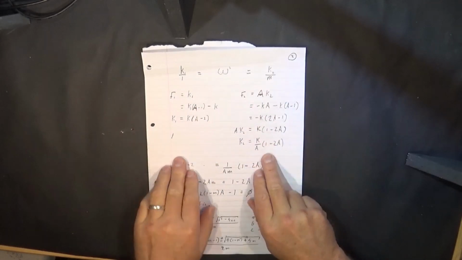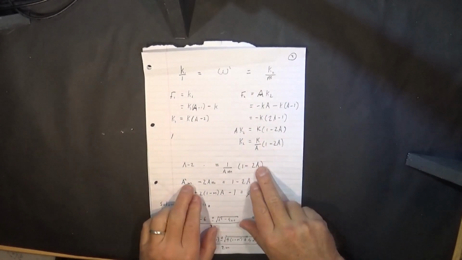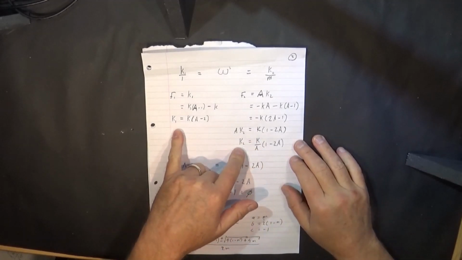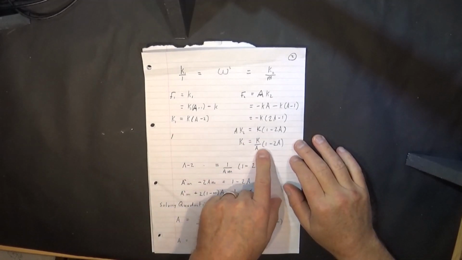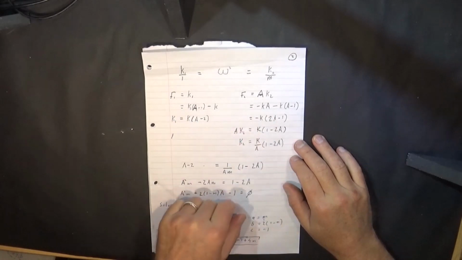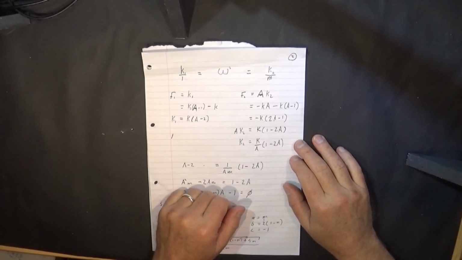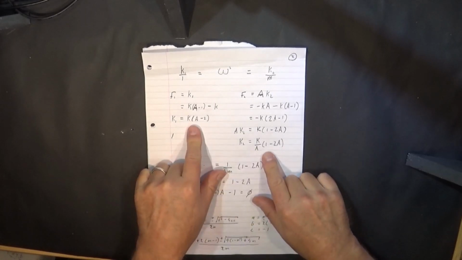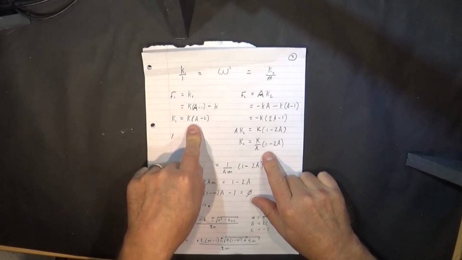So we can write equations of motion down here, and for K1 and K2 from the force on both masses, and A the amplitude. So here we go, we've got K1 and K2.